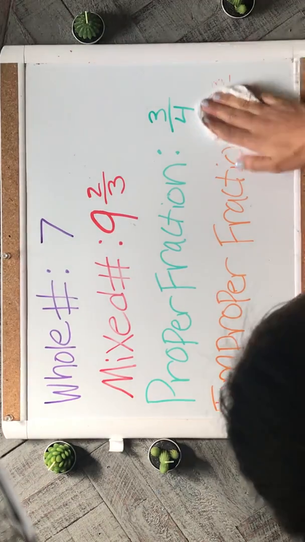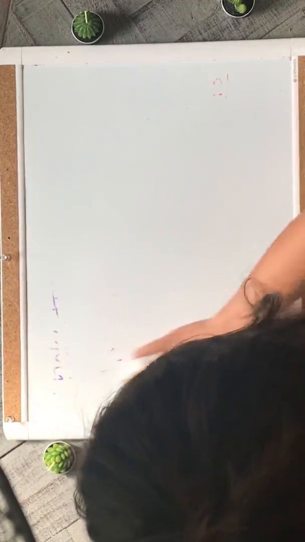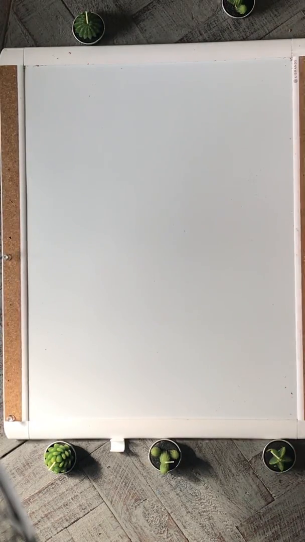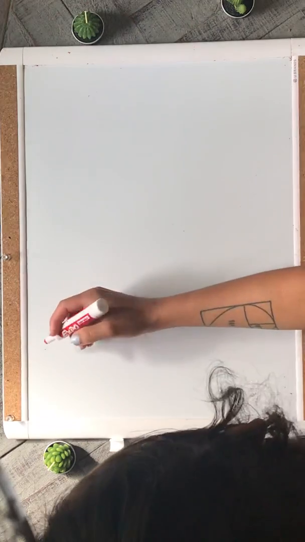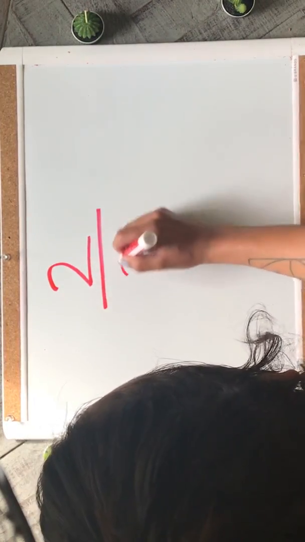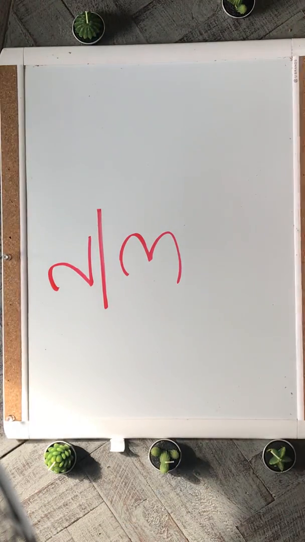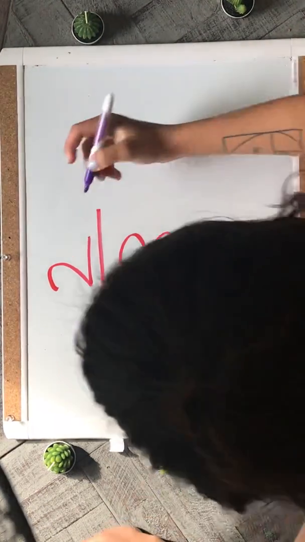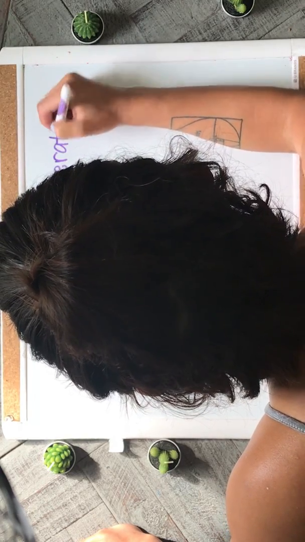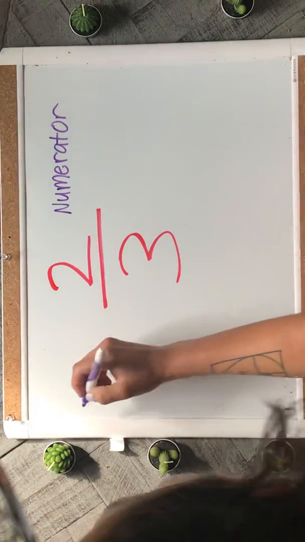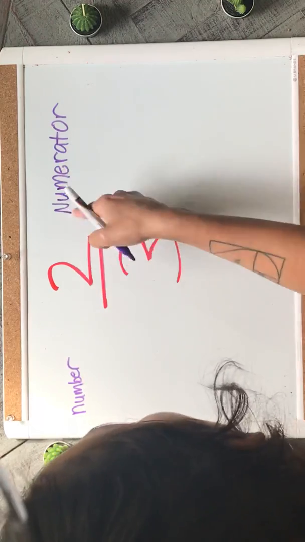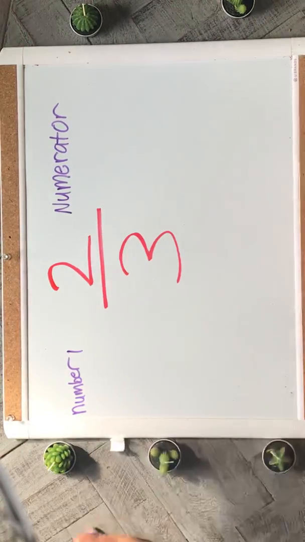And I also would like you to go ahead and, while we're at it, put this in your notes as well, that the top number in a fraction, which would be that 2 right there, is the numerator. I like to think of number for numerator, numerator, number 1, okay?